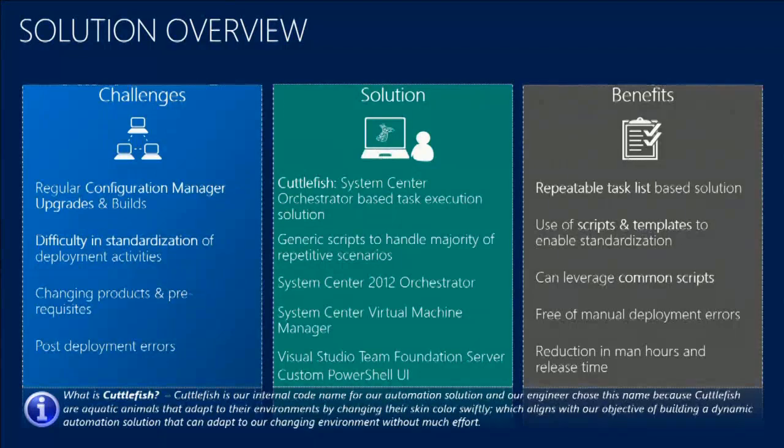Automation will alleviate this problem because it is going to use these scripts and templates stored in a common share, and no one can modify them. Also, we are using some commonly used scripts from the past and leveraging them to make this workflow model work together. And because of this, we are free of manual deployment errors, because everything is done through automation.